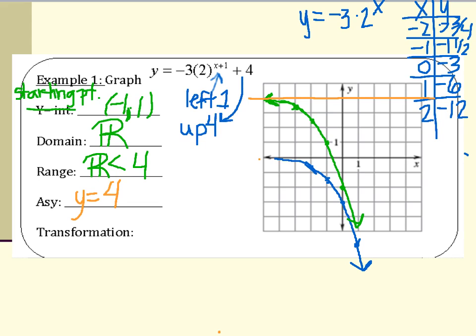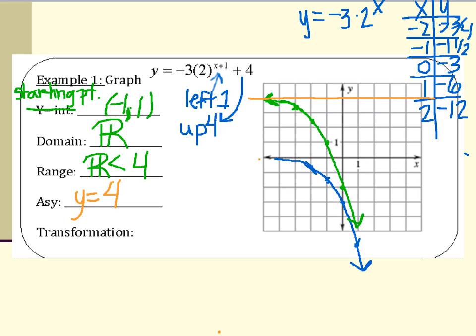Last thing we've got to do here is talk about our transformation. So our transformation, if you start by looking at your parent function right here, well, originally our original parent function started here. So to move to here, that would be a stretch and a reflection over the x-axis. So we've got to include both of those things along with our movement left and up.